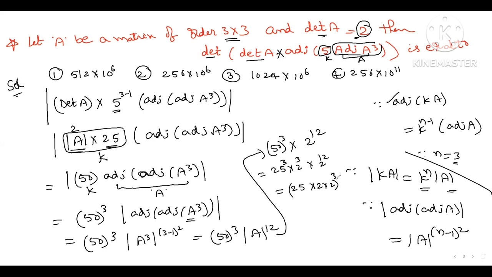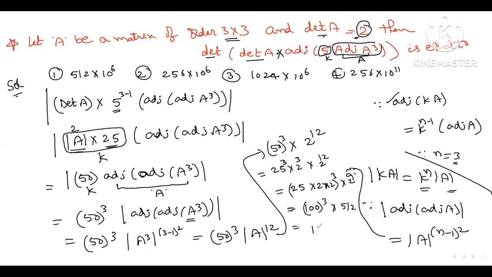Power 3 into 2 power 6 gives total 2 power 15 here, so 2 power 9, right? Here 25 into 2 into 2 is 100 whole cube into 2 power 9. 2 to the power 9 value is 512.